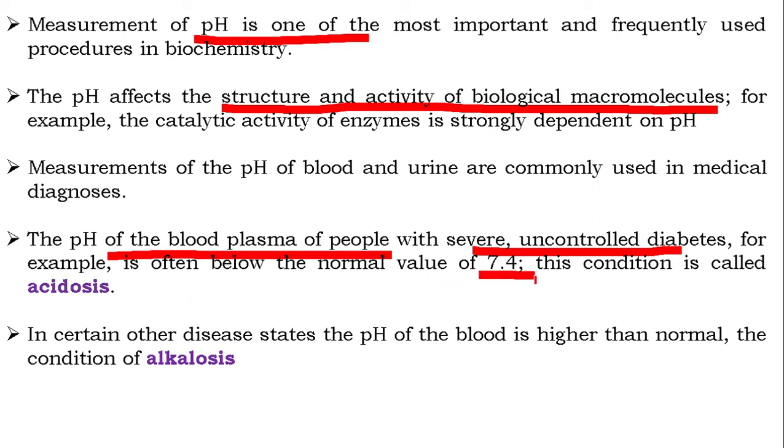You know that 7.4 is the normal value of pH of the blood. And because of the acidic substances in the blood, pH is decreasing below the normal. We say the situation is acidosis.